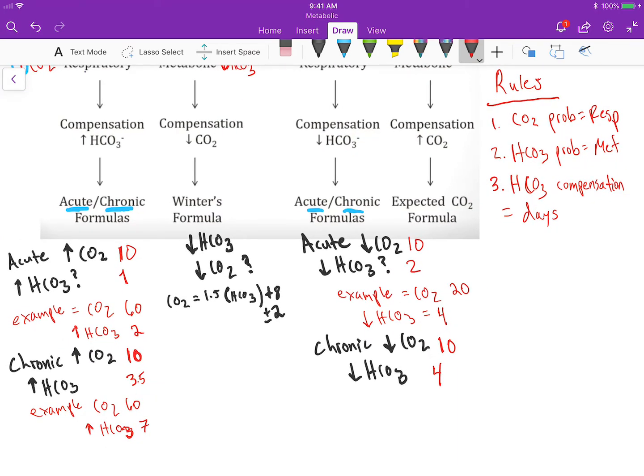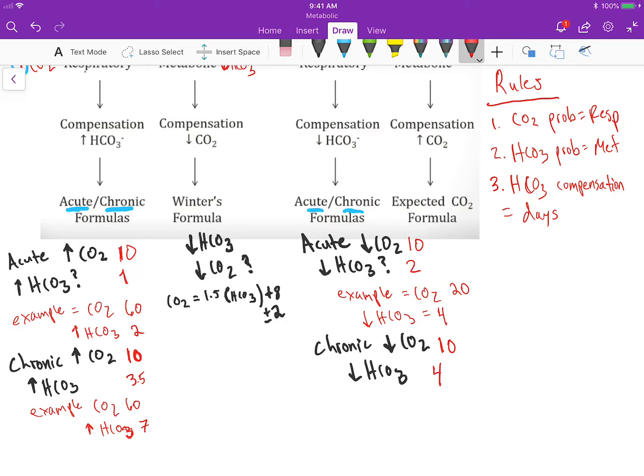And the way that I like to remember this is that the body is better at getting rid of things rather than creating or reabsorbing. So that's the way I remember that the drop in bicarb acutely and chronically can be greater, so 2 and 4 versus 1 and 3.5 of the reabsorption or generating bicarb.